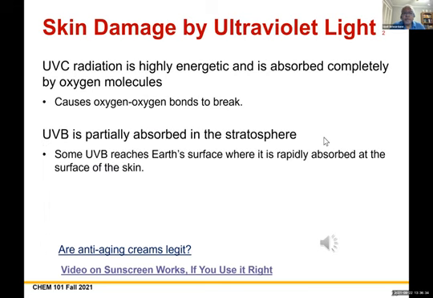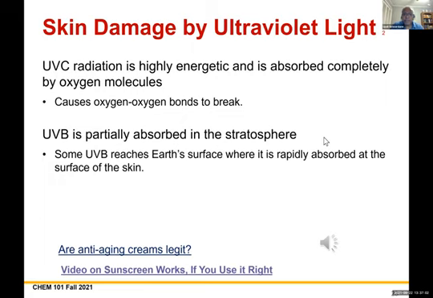UVB is partially absorbed in the atmosphere. UVC never comes onto Earth to a significant degree because it's absorbed by oxygen atoms and oxygen molecules. UVB is partially absorbed by the stratospheric ozone layer, which breaks up the ozone.